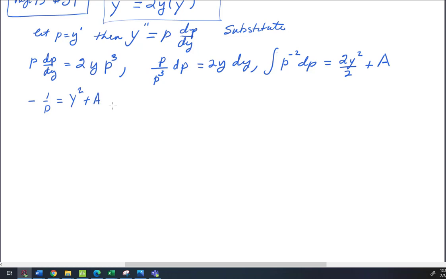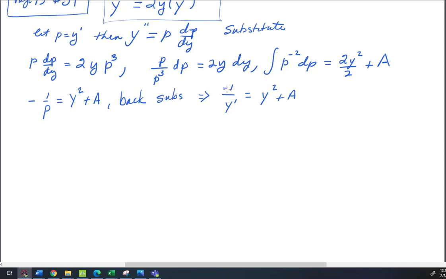And now if I would back substitute, negative 1 upon p, well, p is y prime, so this would be equal to, question is how many steps do I want to put in? Negative 1 upon y prime is equal to y squared plus a.